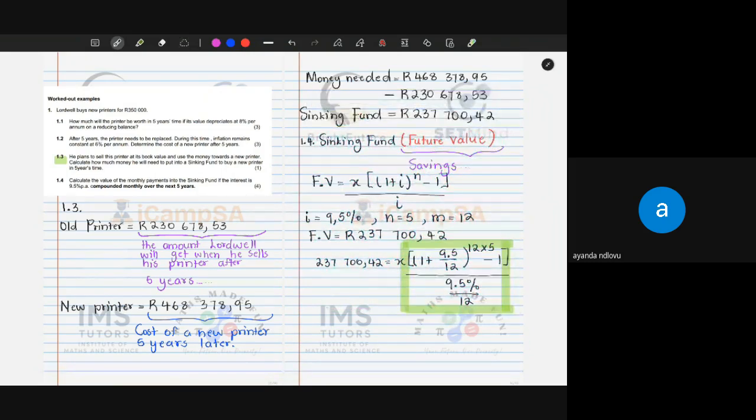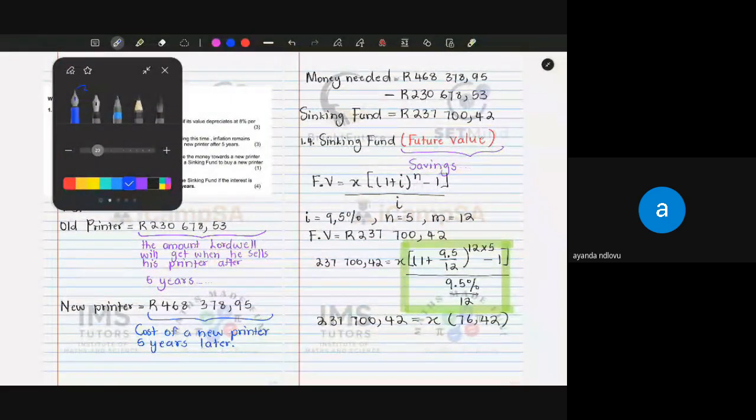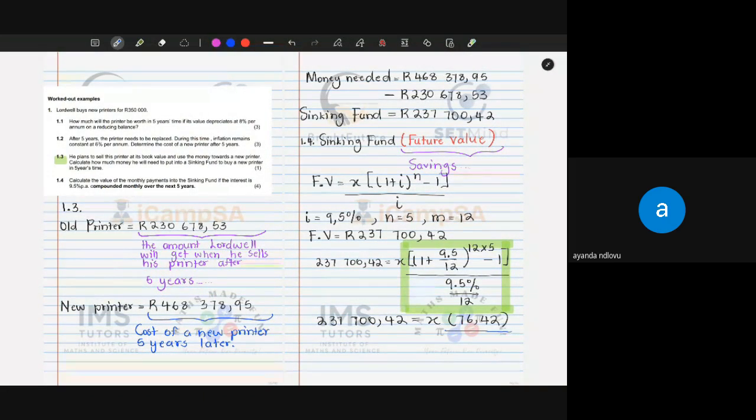Okay, so what we have is that 237,700.42 equals x times, you said, 76.42. Is that what you said? Yes, sir. Awesome. Because we're looking for x, we must divide both sides by 76.42.